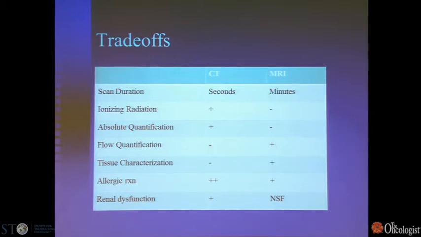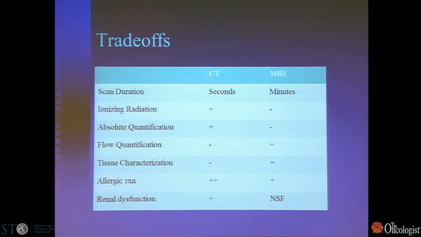Absolute quantification is more readily obtained with CT because the Hounsfield unit is normalized to that of water, whereas with MRI, image intensities are typically more subjective. You can have ratios of pre and post contrast imaging for relative enhancement, but there isn't an absolute scale in the same way there is with CT. Flow quantification can be done with MR without contrast. Tissue characterization is superior with MR.